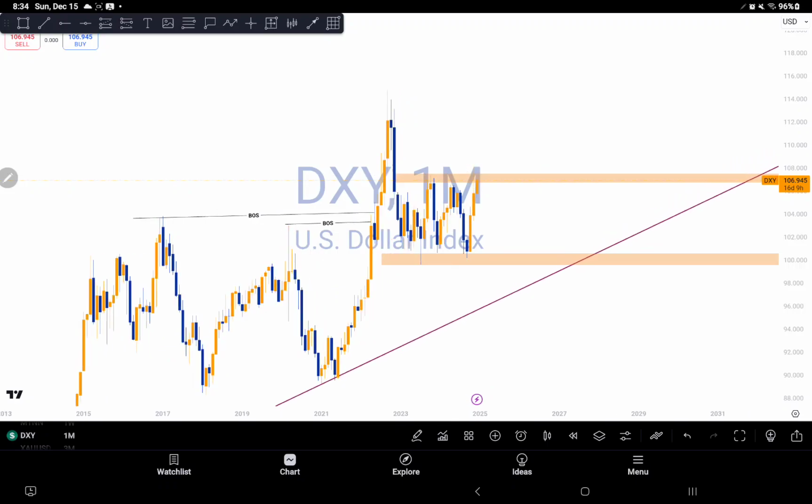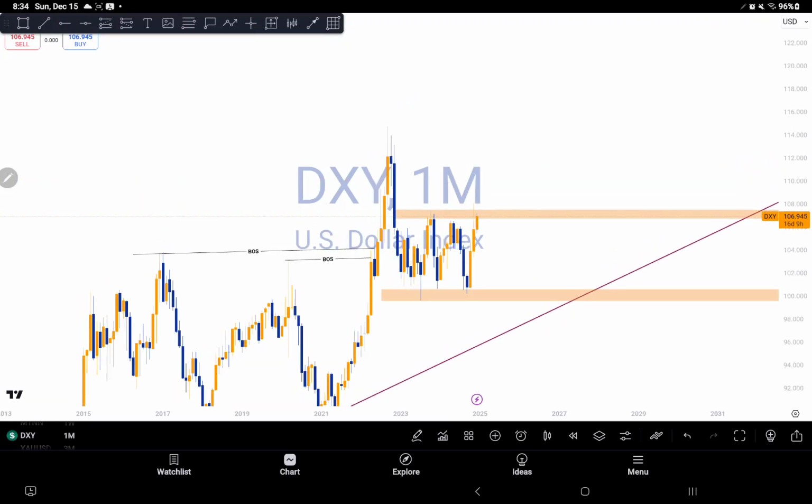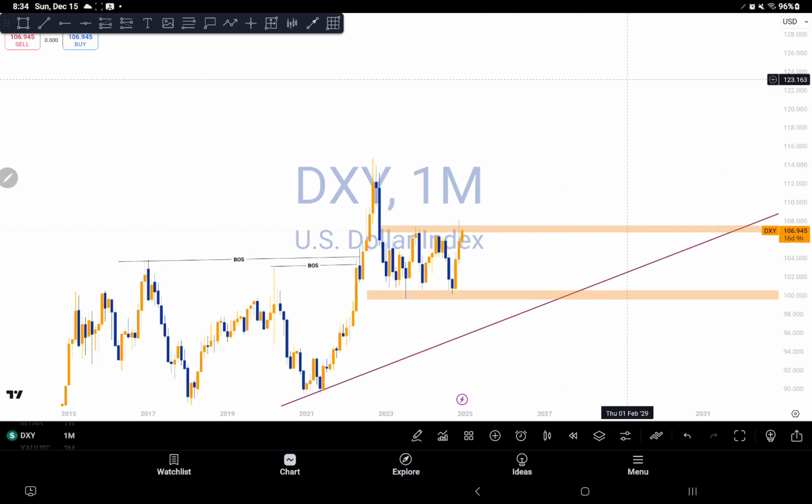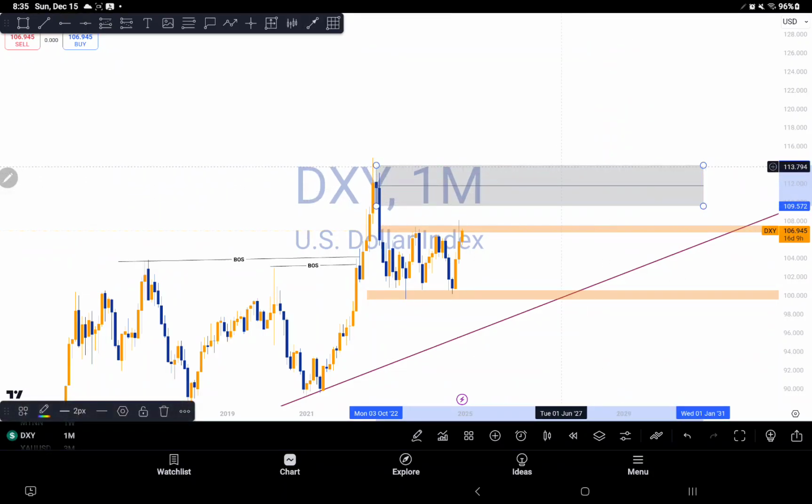But like we know, we don't predict the market, we react to the market. The market can just decide to continue to push up depending on how it breaks this pattern right here. And even if the market breaks up out of this pattern, on a bigger time frame we can see around this area there is this other block that needs to be mitigated and hasn't been mitigated yet.